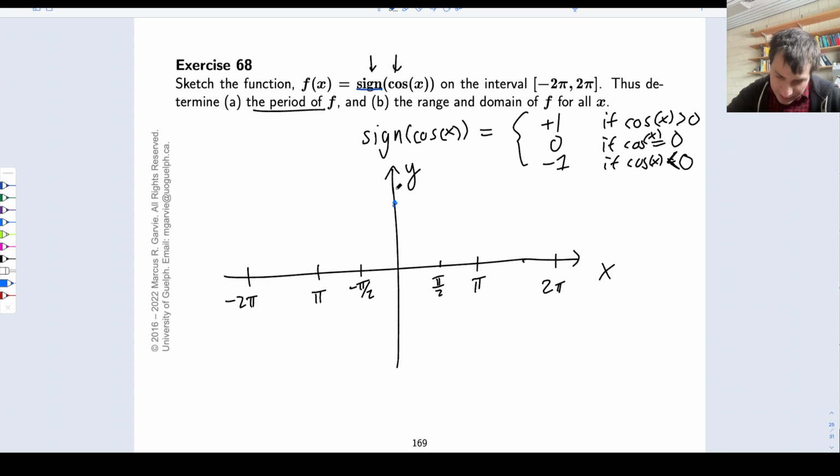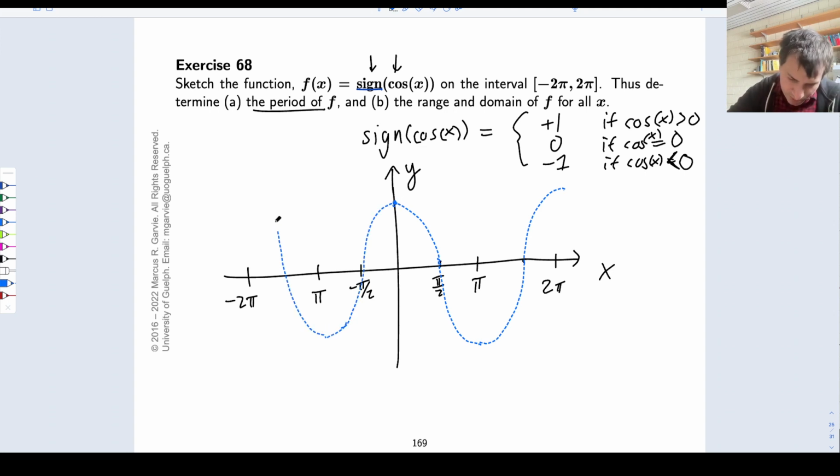Cosine starts at 1, and then it goes down to 0 at pi by 2, and then all the way down to -1 here, all the way up there. That's what a cosine period looks like. And then here's the same thing on the other side. Okay, so 2 periods of cosine plotted here. That's what cosine looks like.